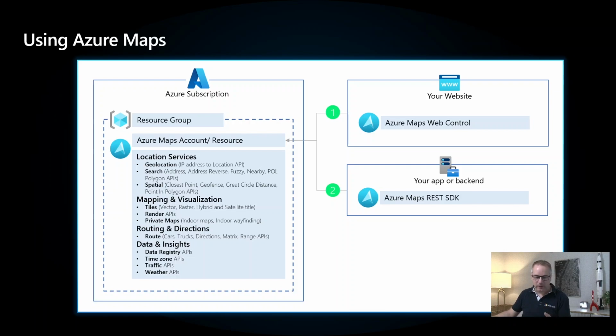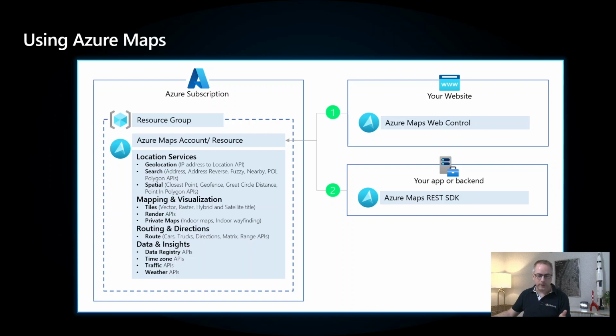So if you have a background process, let's say you want to do geocoding, transforming an address to longitude and latitude information, and maybe you want to do that in batch because you have a huge database of addresses you want to geocode, then you can also utilize one of our REST SDKs.